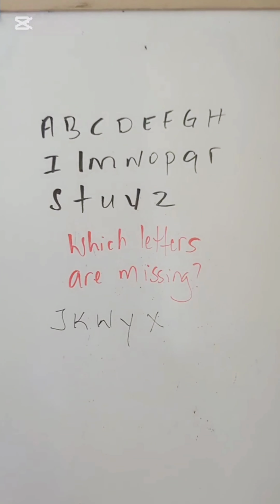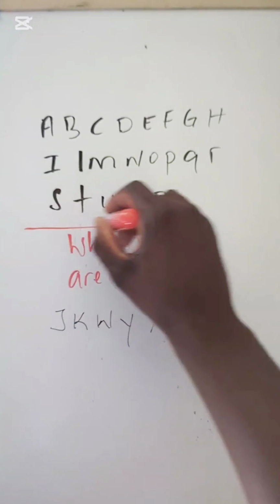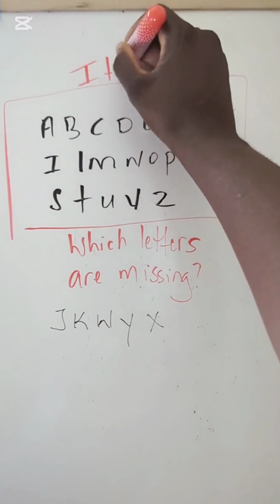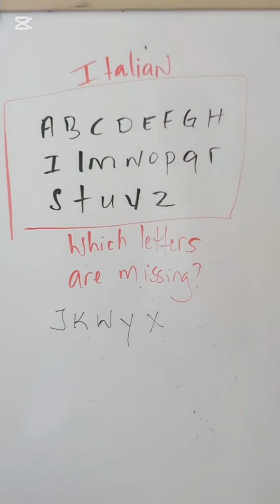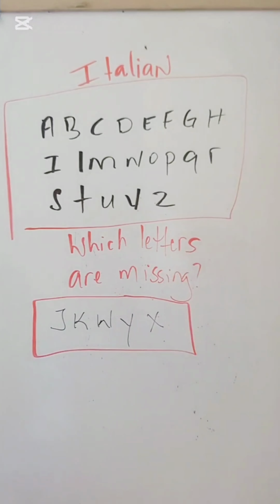But why I wrote it like this is because in Italian, that's the alphabet in Italian. So these that you see that were missing, as I said, I did it on purpose.